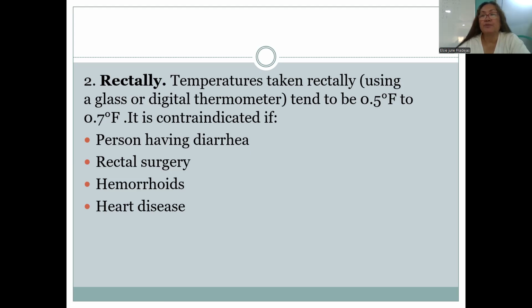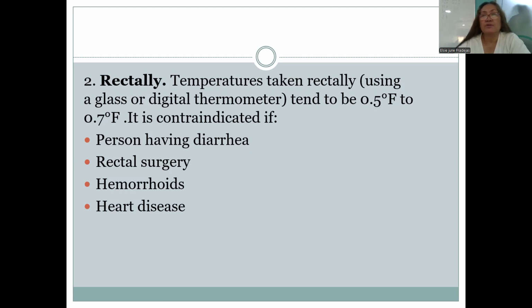A person who has rectal surgery, those who have hemorrhoids is the extra skin on the anus, and this is due to the overweight of the body, and also like pregnant women, because of the weight of the fetus, there is an extra skin coming out from the anus.